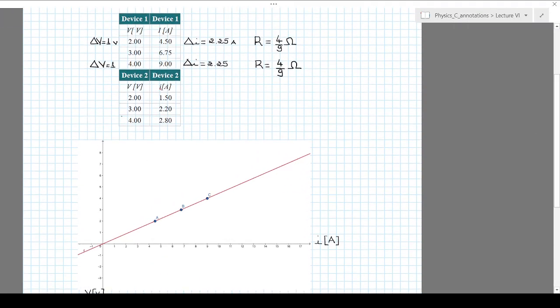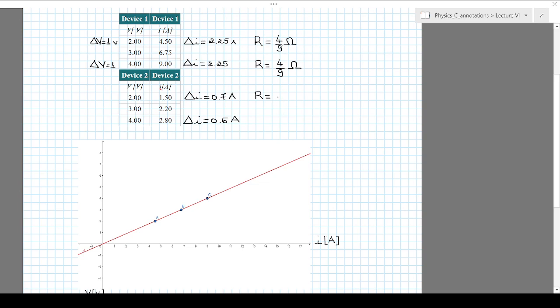You can see that the difference stays the same, 1 volt between the values here, but for the first one this is going to be 0.7 amperes, and this difference here is going to be 0.6 ampere. So this difference is actually different.